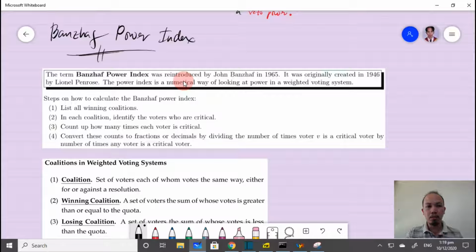But if the Banzhaf power index is 0, then that voter is a dummy. I'm going to define that later.